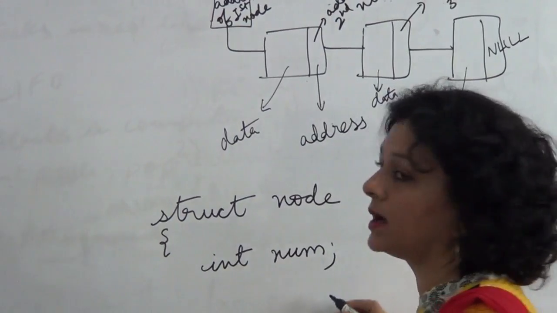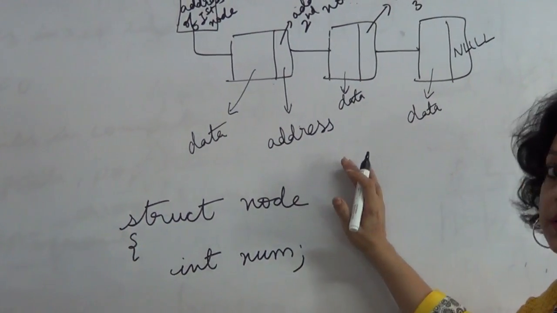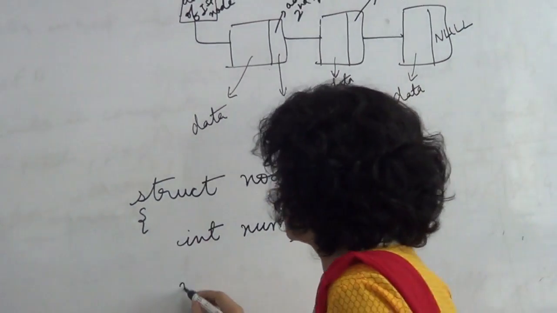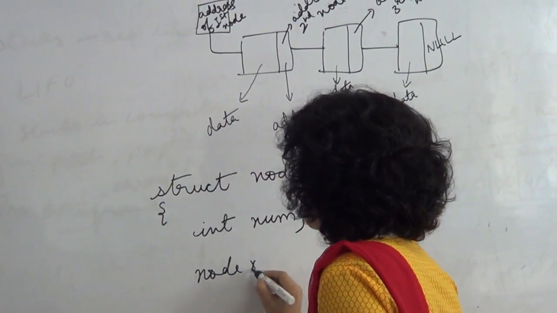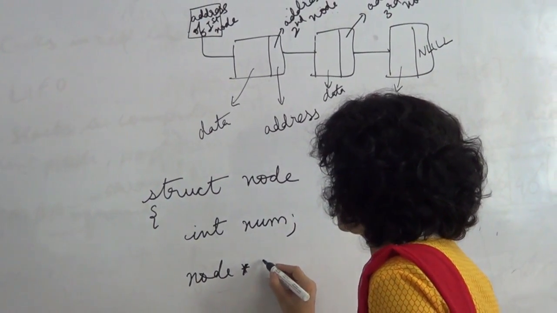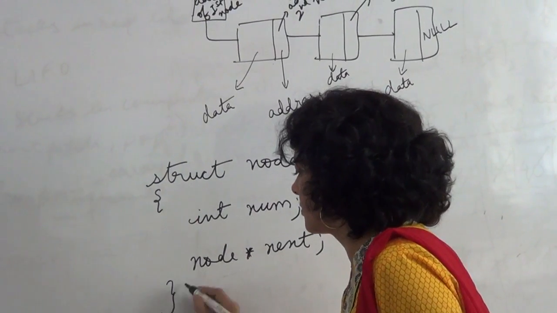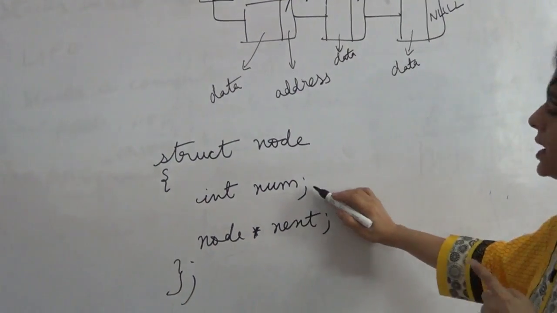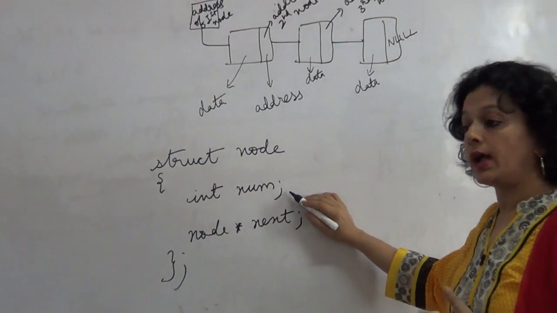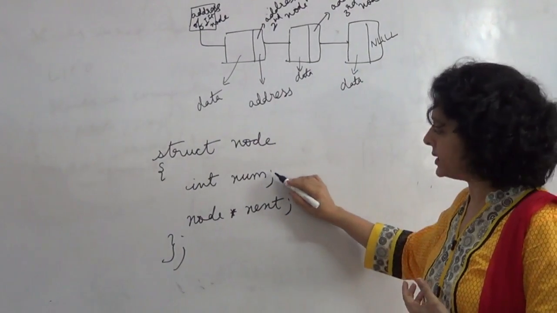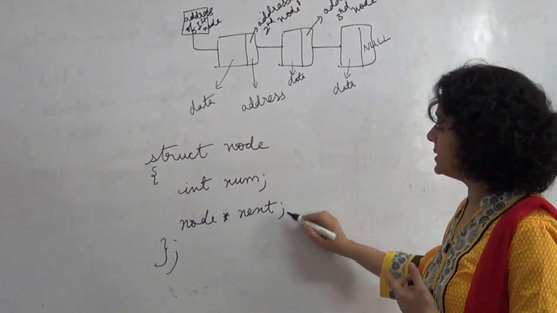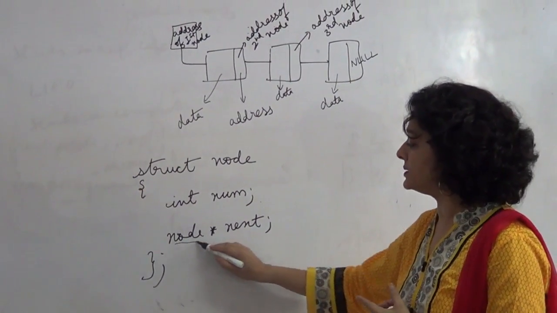This is the data part and the next part will be the address part. This part will be created like this. The data part will contain only num here and you can store as many data as you want by creating more data members here. And the address part is created by this statement.